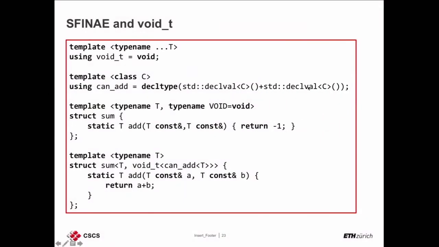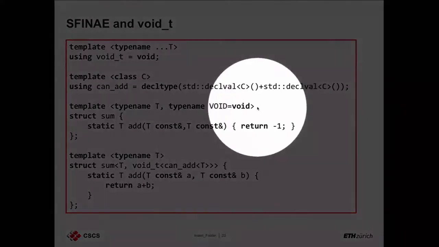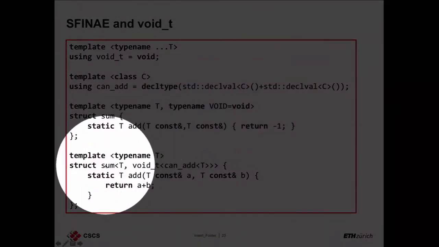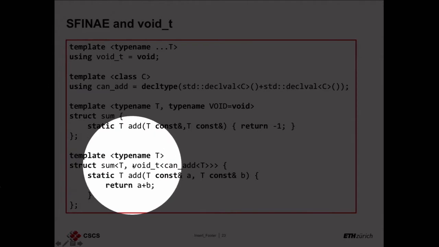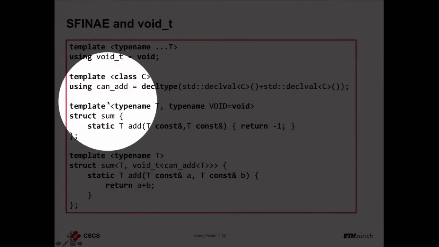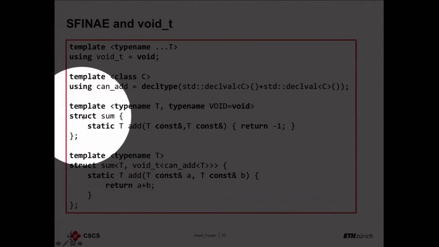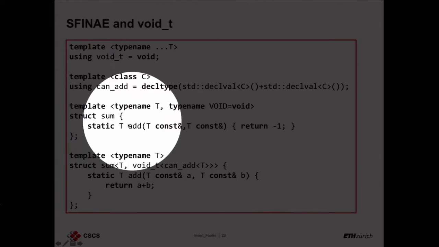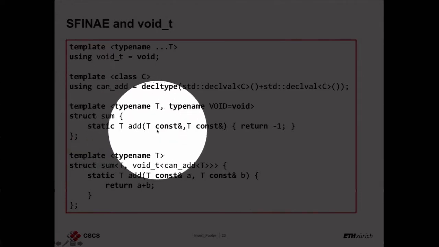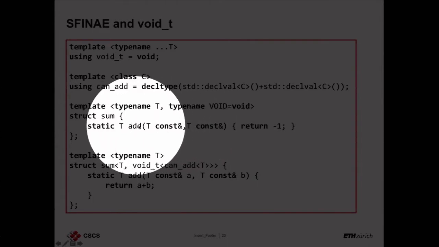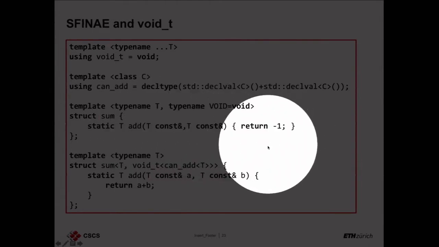And then I can simply say I have abstract_sum that takes a type T and will add T only. The add of type T would return -1.